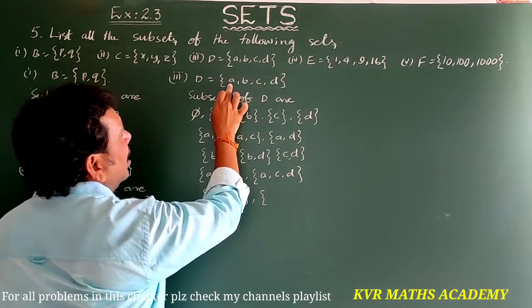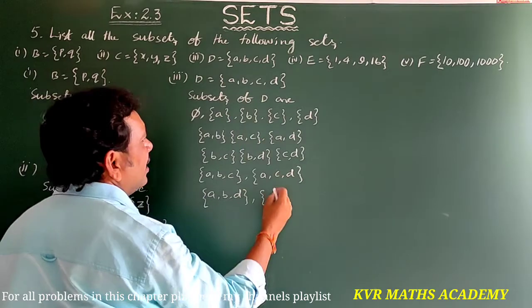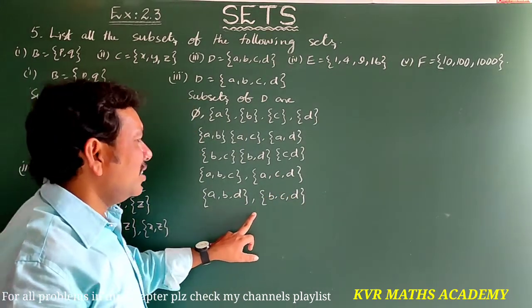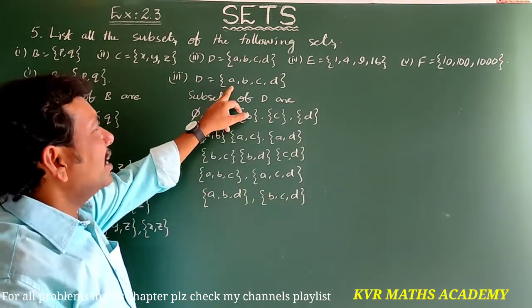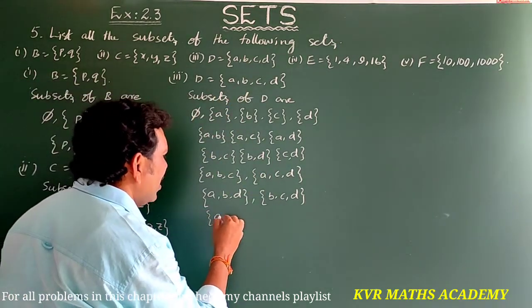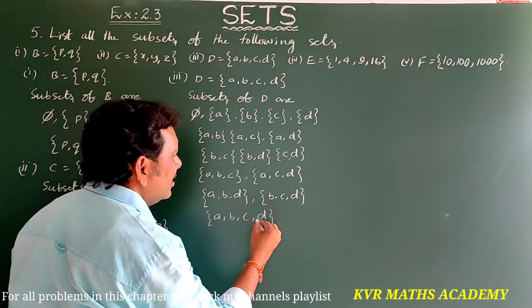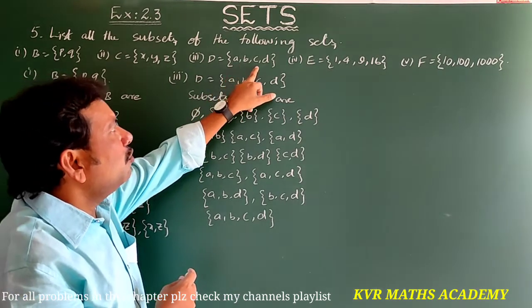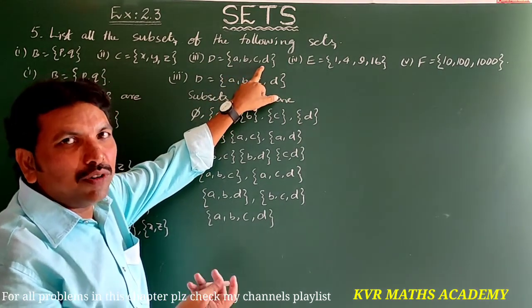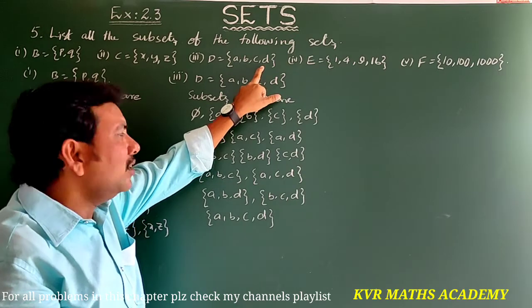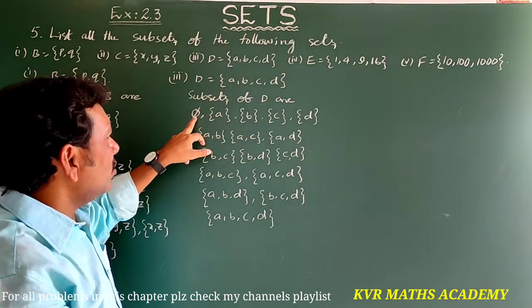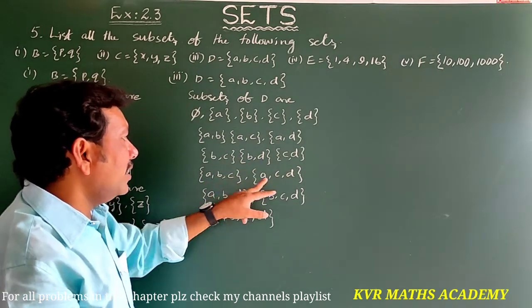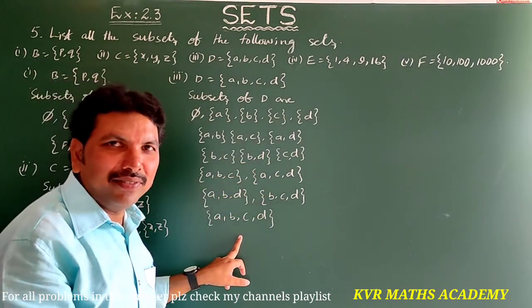Next set of BCD, not completed yet. Finally set of ABCD. So totally 16 subsets will come, because here 4 elements are there, 2 power 4, 16 subsets should come. 1 2 3 4 5 6 7 8 9 10 11 12 13 14 15 16.